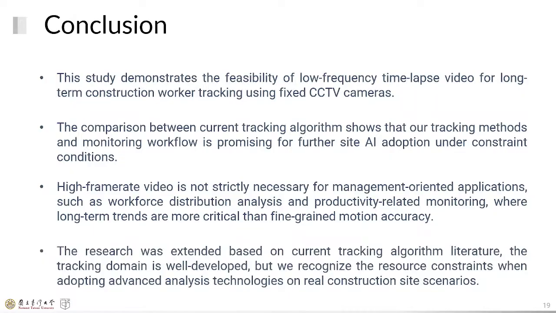So this research extends the current tracking algorithms. The tracking domain is already well developed, but we recognize the resource constraints when adopting advanced analysis technology in real site scenarios.